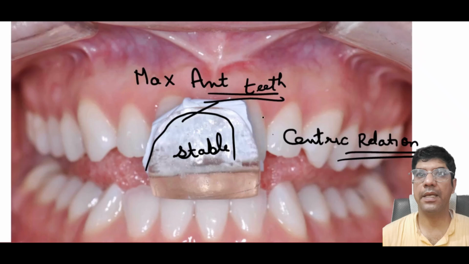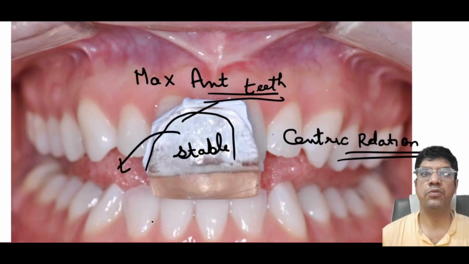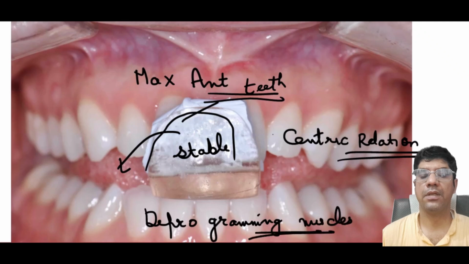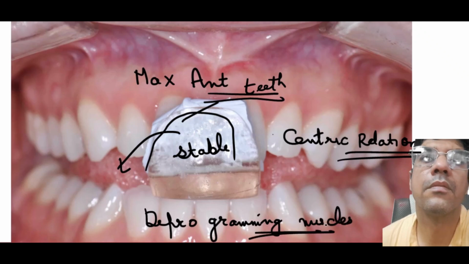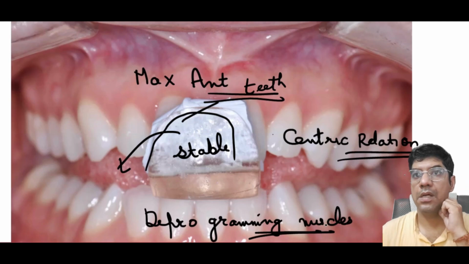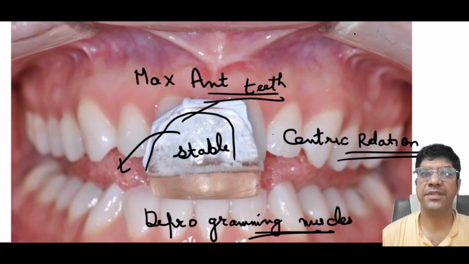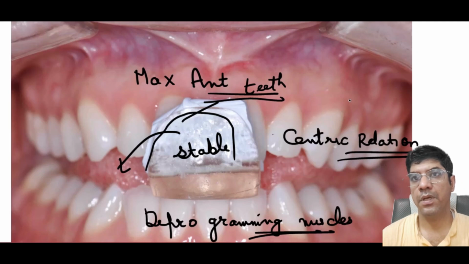Apart from that, it is used in deprogramming muscles. Other is the jig provides a consistent and stable position for the jaw. That is important for recording the centric relation.